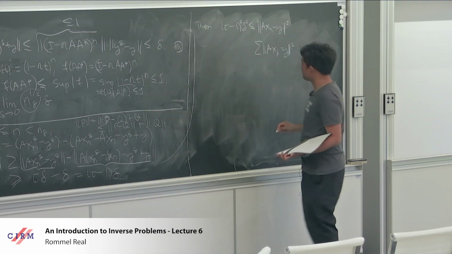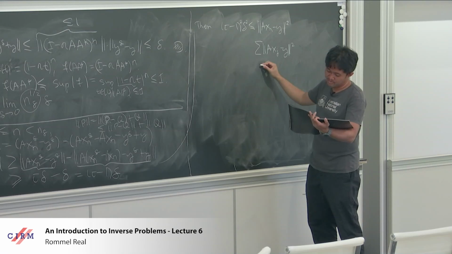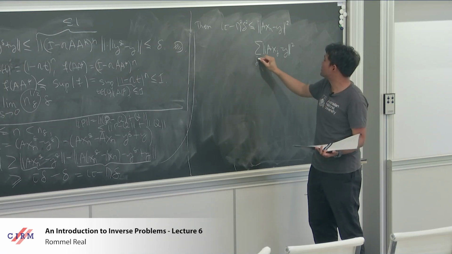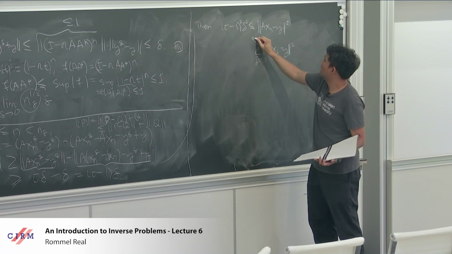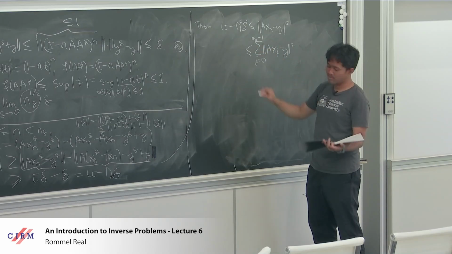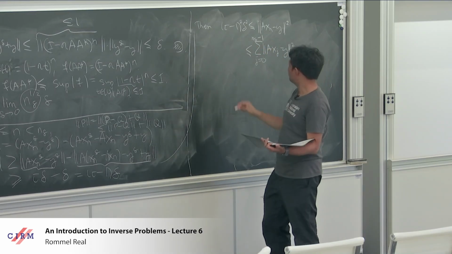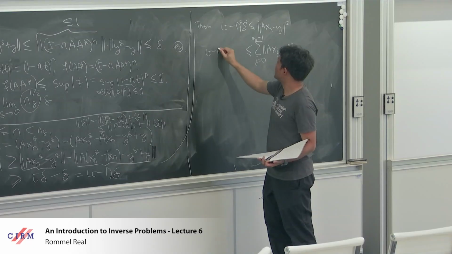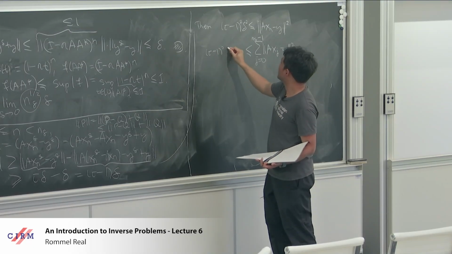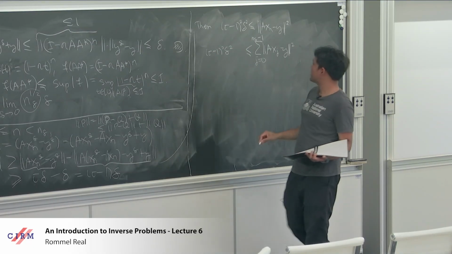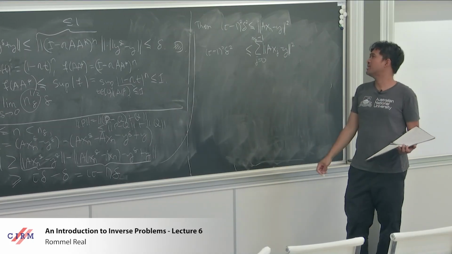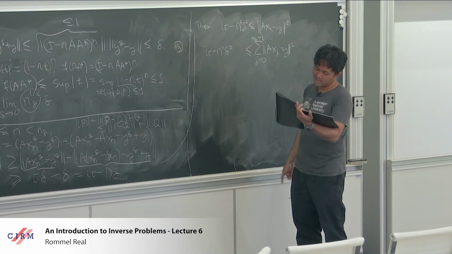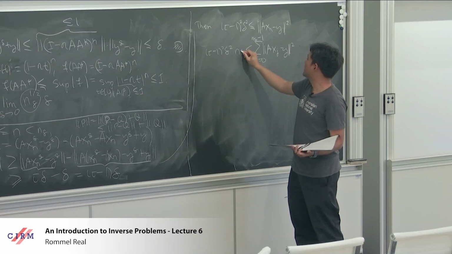And then from this one, we take j from 0 to n delta minus 1. So this will be less than or equal to tau minus 1 squared times delta squared times the number of terms in the summation. In this case, that's just n sub delta.